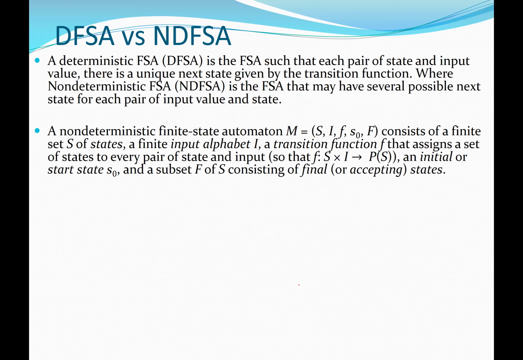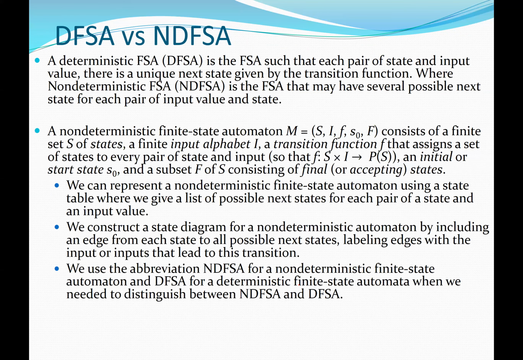And yeah, it still contains the same thing. The set S with how many vertices or circles we need, I will be the bit strings 0 and 1, and then F will be the function that's going to transfer. S0 will be the initial state, and capital F will be the final state that we have.